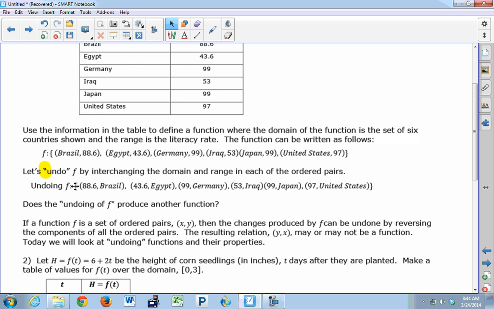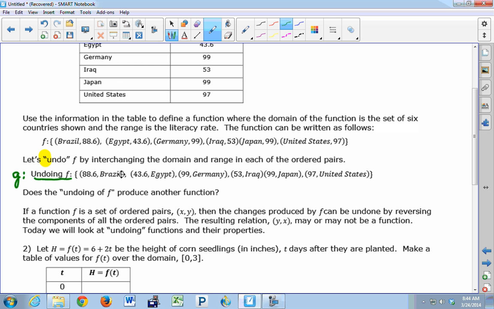So here we have the set of ordered pairs. We're undoing this function. Notice I'm not going to call it f anymore because it's a new function. So if I wanted to, I could call it g, and that's the undoing of f. I'm undoing f right now. And now you see that the domain is 88.6, 43.6, 99, etc.